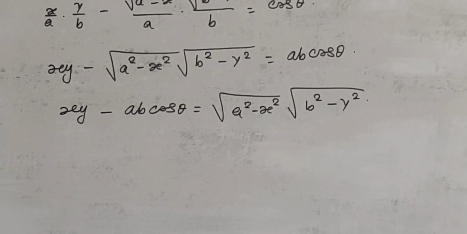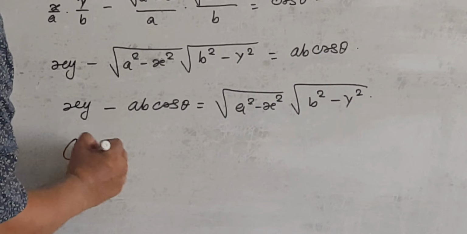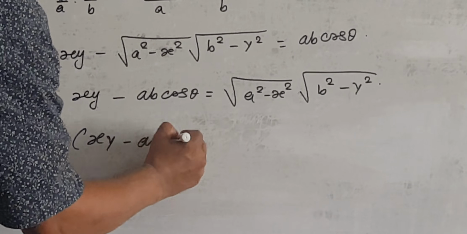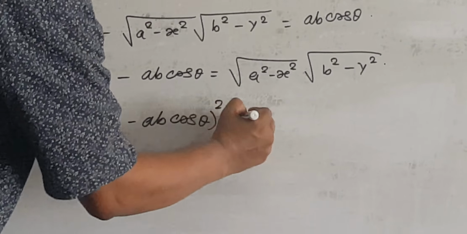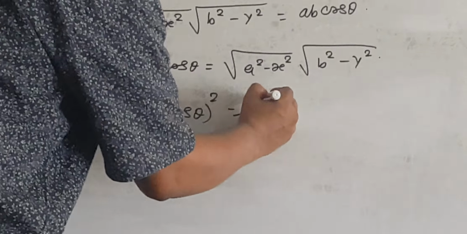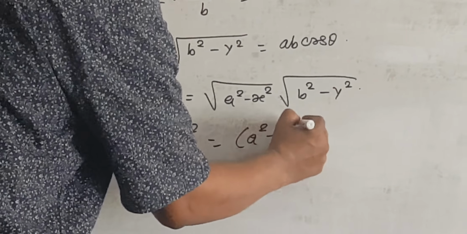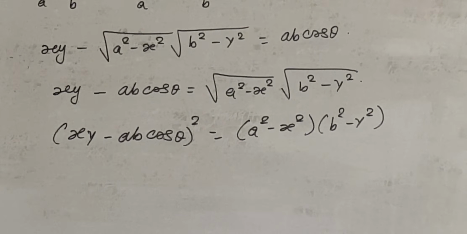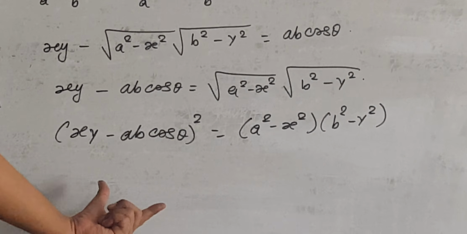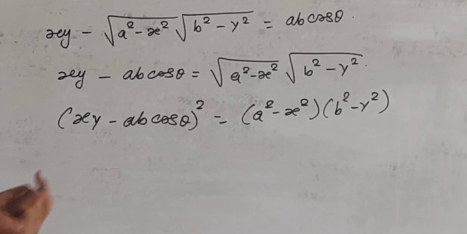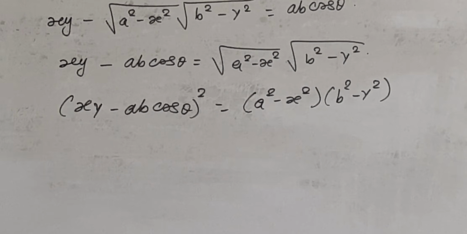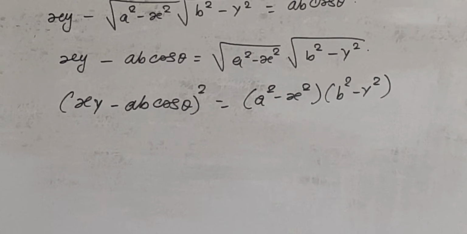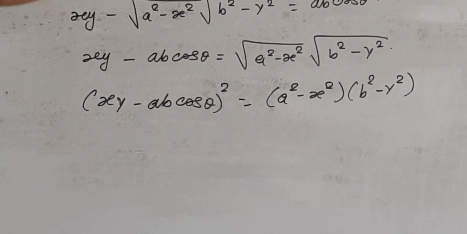If I square, then it is xy minus ab cos theta whole square. Now the square root is cancelled, so it is a square minus x square into b square minus y square. Here we use (a minus b) whole square, a square minus 2ab plus b square, and that one we expand.